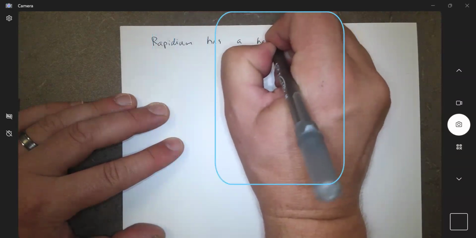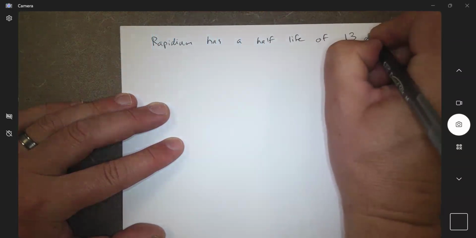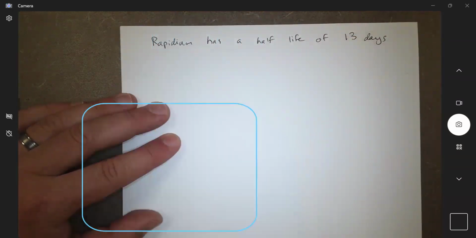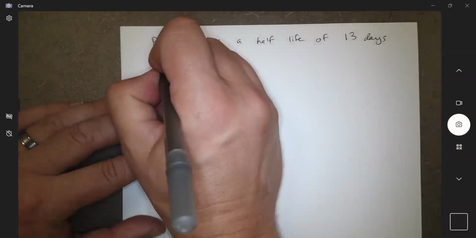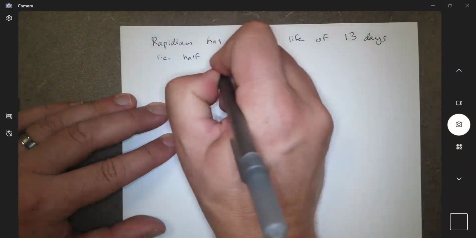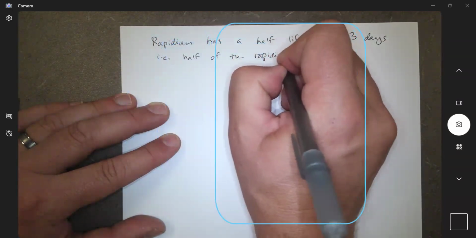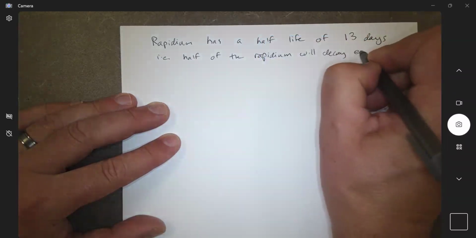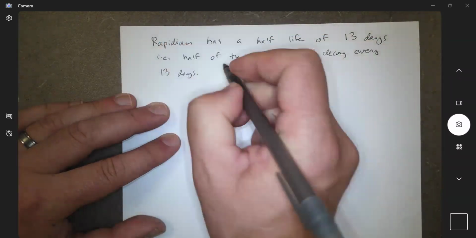It has a half-life of 13 days, which means half of the Rapidium decays after 13 days, i.e. half of the Rapidium will decay every 13 days.